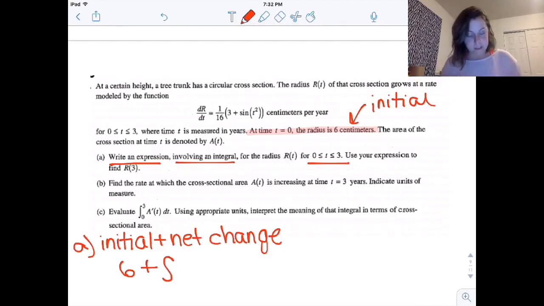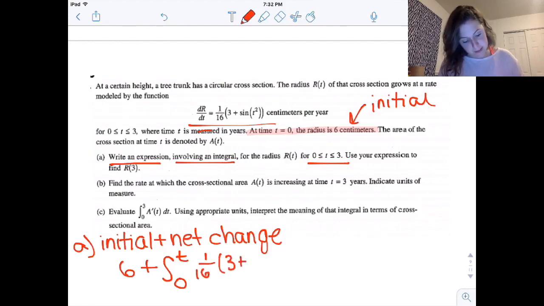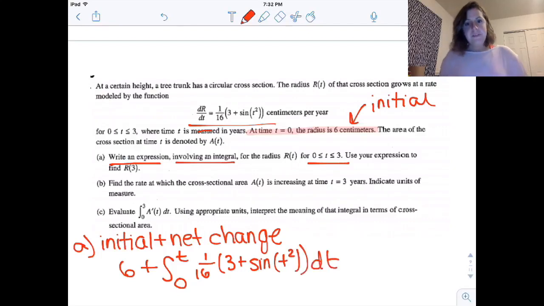So my expression here would be from 0 to time t of this function up here, 1 over 16, 3 plus sine t squared, dt. That's an expression to find it at any time t. This would be r of t.